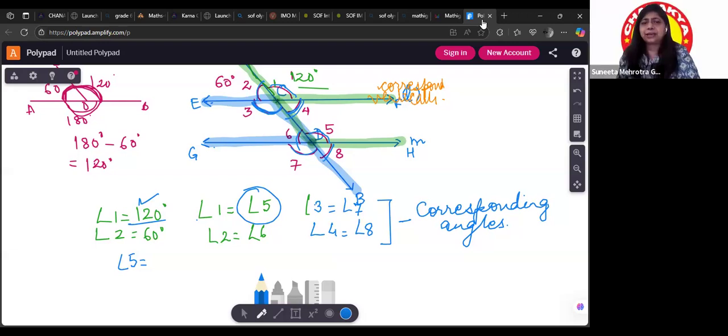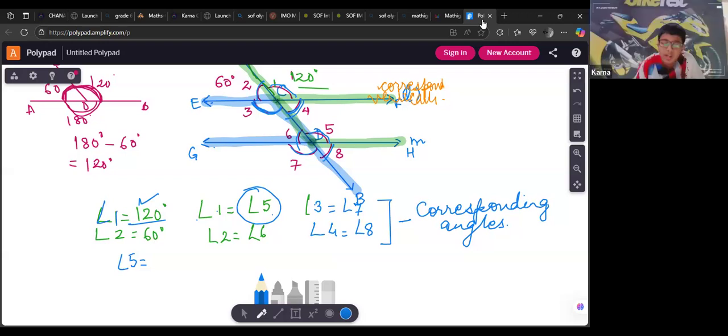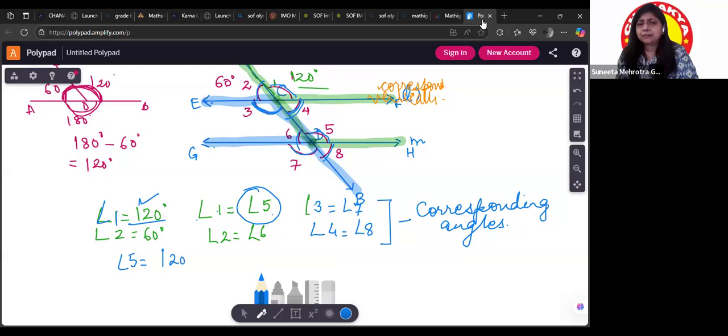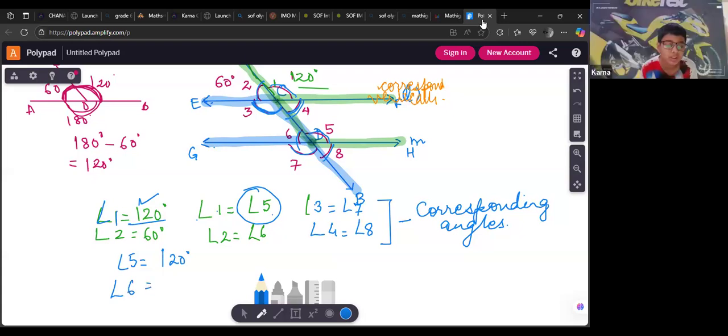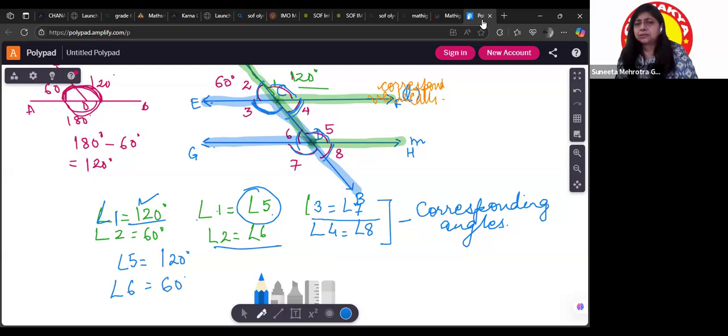Yes, if it is shown that angle 1 is equal to angle 5, then if angle 1 is 120 degrees, 5 is also 120 degrees. What about angle 6? Ma'am, angle 6 is equal to 60 degrees. Likewise, angle 3 is equal to angle.